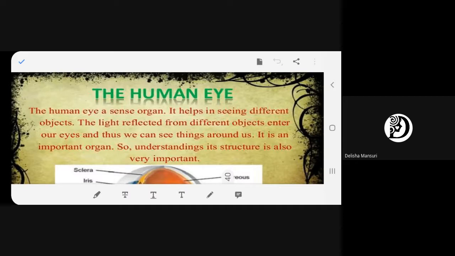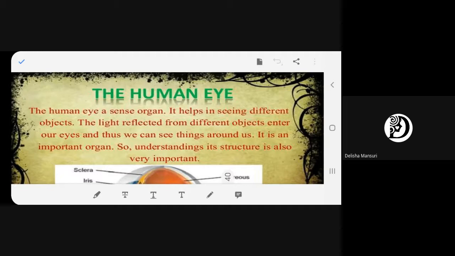Okay, so what is the human eye? It is one of the sense organs. Is it right? Yes. What do we do with our eyes? We see things. That is also right. So, when we see objects, how do we see them? Because light is reflected by the object. When the light is reflected by the object, it is perceived by our eye.